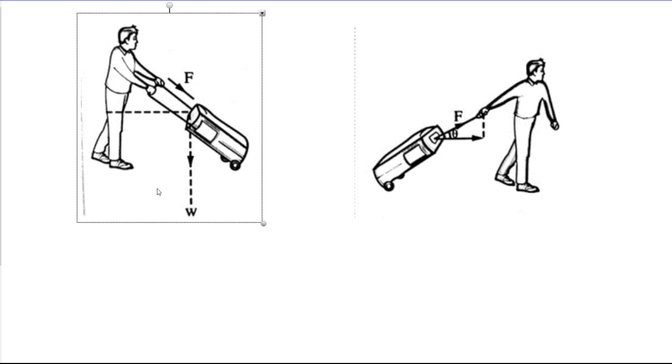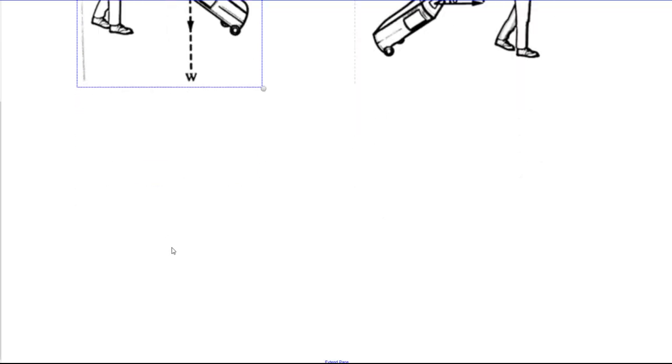The last picture here: which is greater, work done on pushing an object forward or dragging it behind? If you have someone here pushing an object like that, or a person dragging the object behind. We're going to explain this. Here is the object.